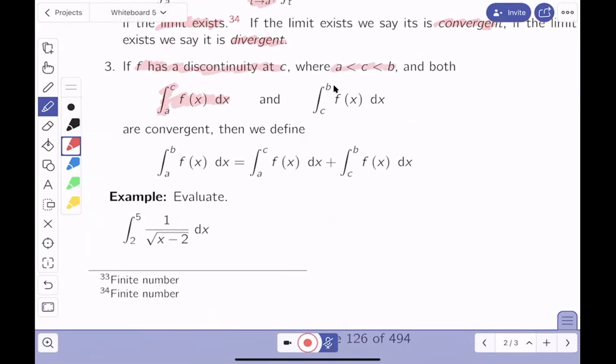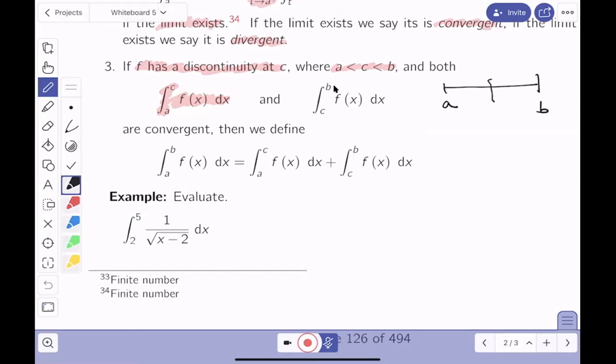So if f has a discontinuity at C, and that's between A and B, right? So what do we do? I'll put an interval down for you. And what are we saying? We have an A here, and we have a B over here, and there's C somewhere in the middle. And what we're doing is we're looking at A to C, this part here, and C to B, this part over here.